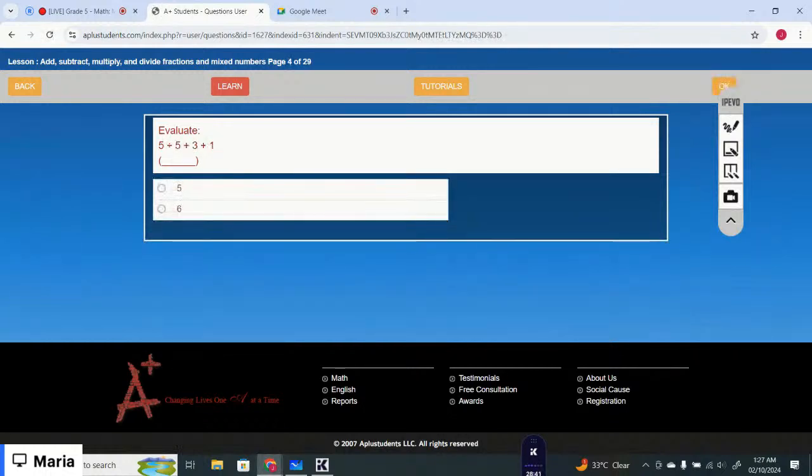Okay, the next one is evaluate 5 divided by 5 plus 3 plus 1.